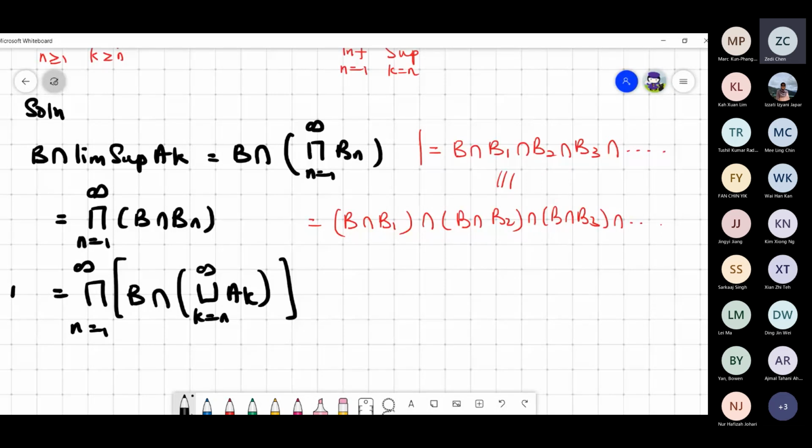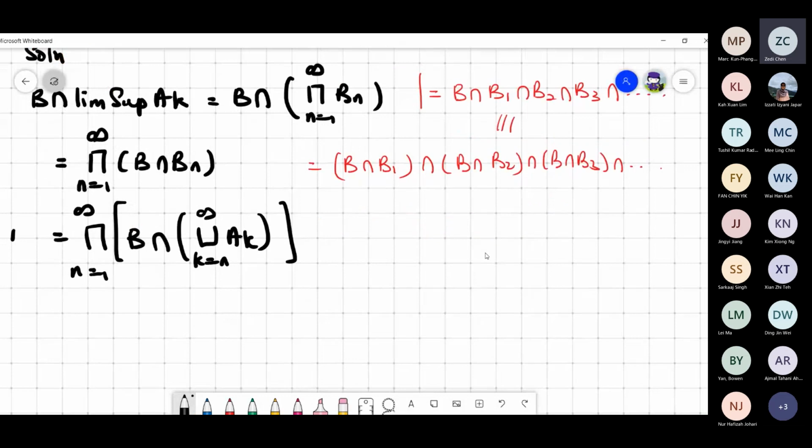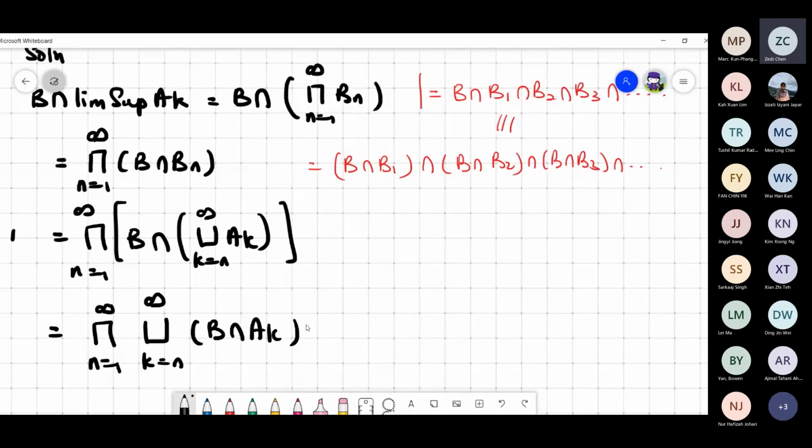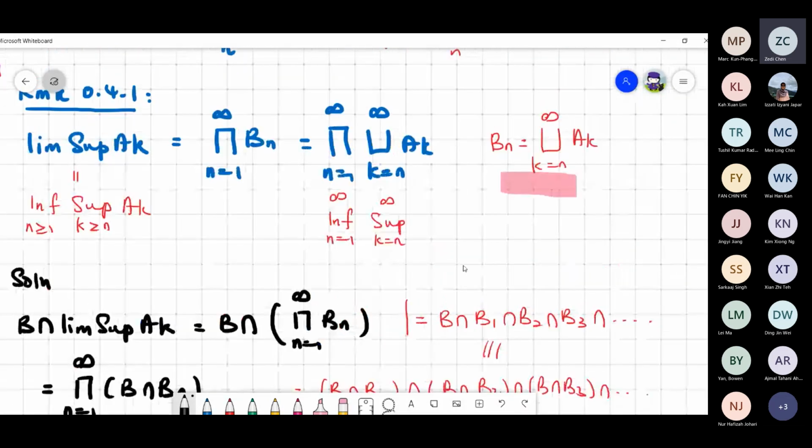Here we are applying the distributive law. So then it turns out to be, it just equals this. Equals this. So you go back to this.